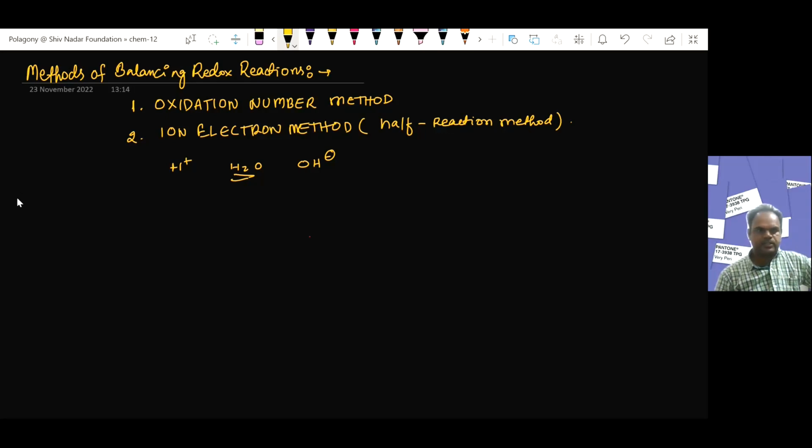So let us discuss with an example. One example we'll take. First, let me discuss the oxidation number method. By using the oxidation number method, how can the redox reaction be balanced?